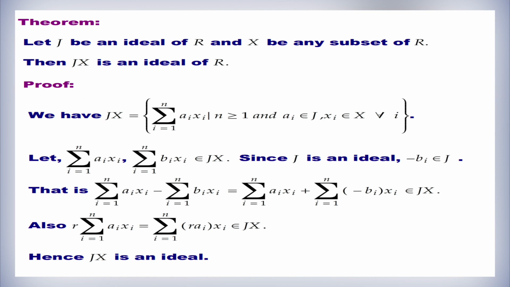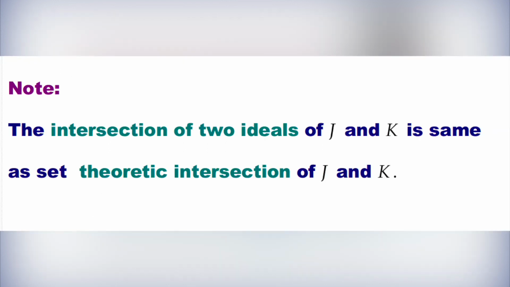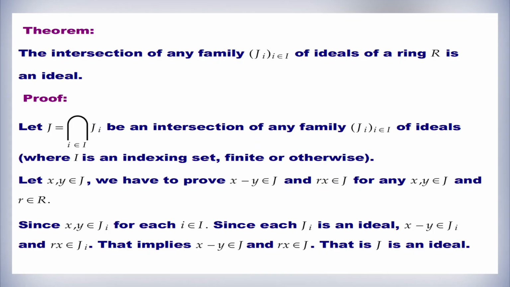Also, r times the summation of a_i x_i equals the summation of r a_i x_i, which belongs to JX. Hence, JX is an ideal. Note that the intersection of two ideals J and K is the same as the set theoretic intersection of J and K. Now, let us verify whether the intersection of a family of ideals is again an ideal or not.